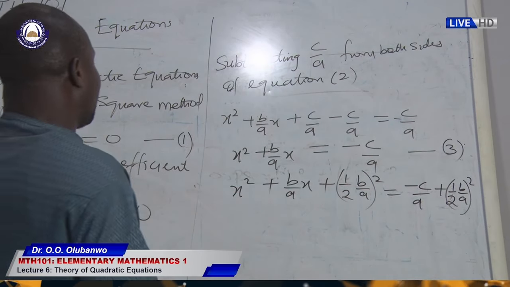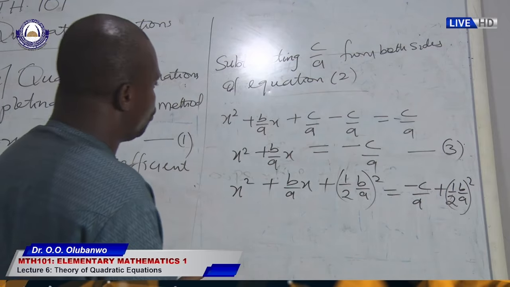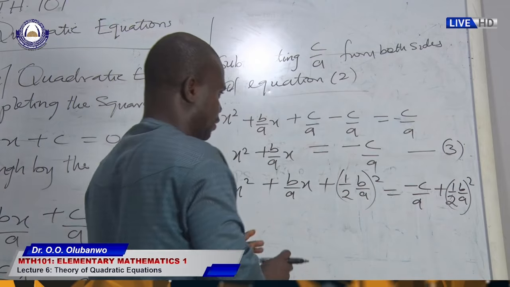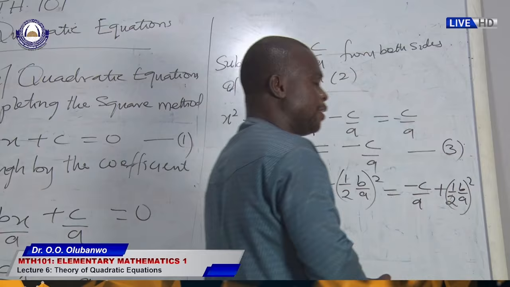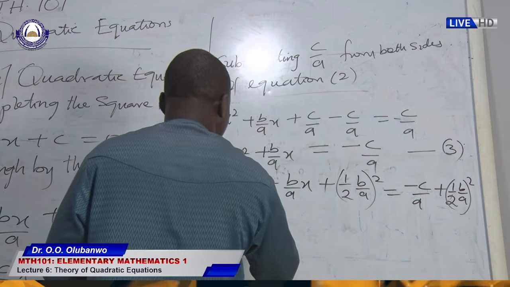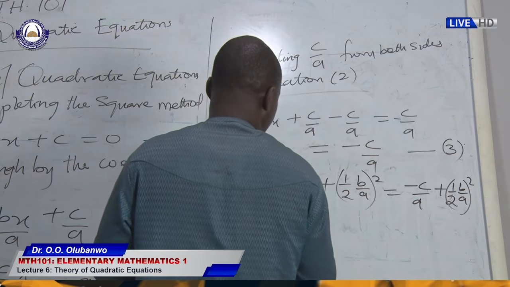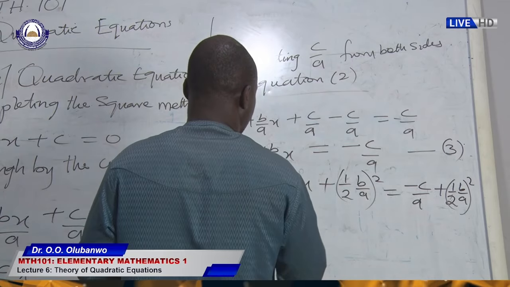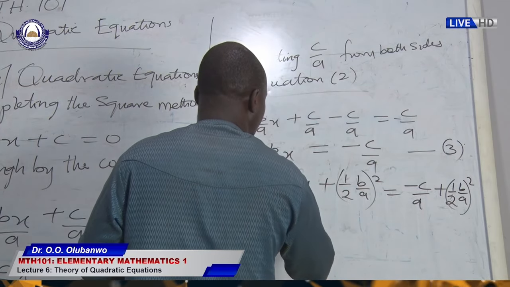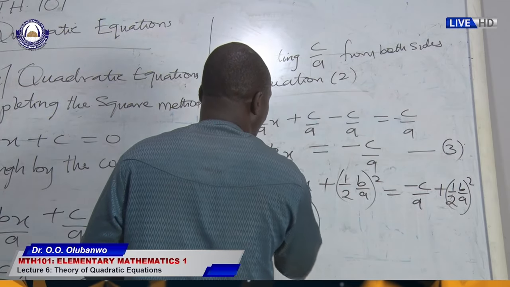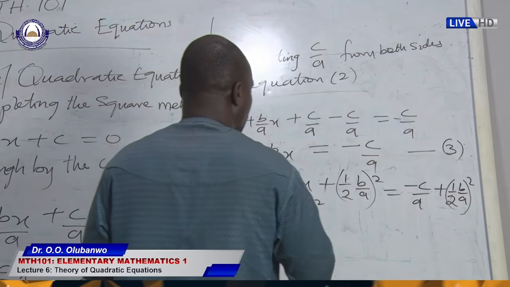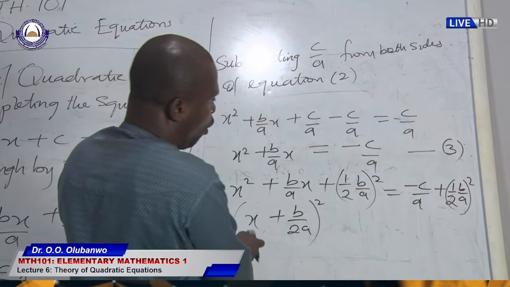Now, what's the next thing for us to do? The next thing for us to do is to harmonize this side and resolve this side. This will give us x plus b over 2a all squared. We factorize it to be in this form.